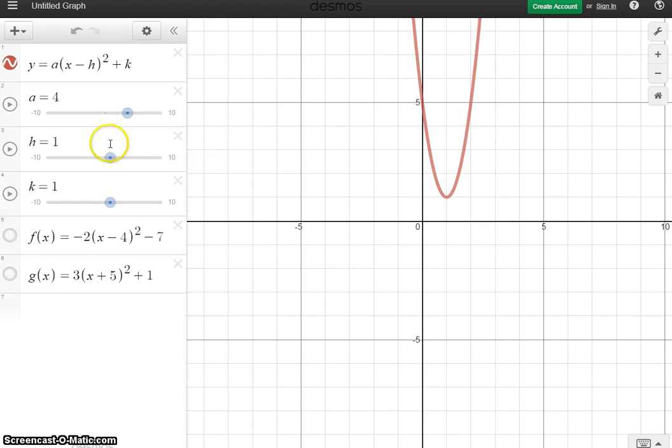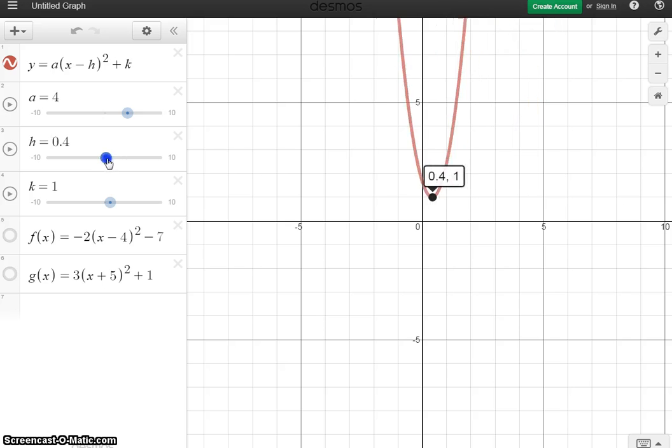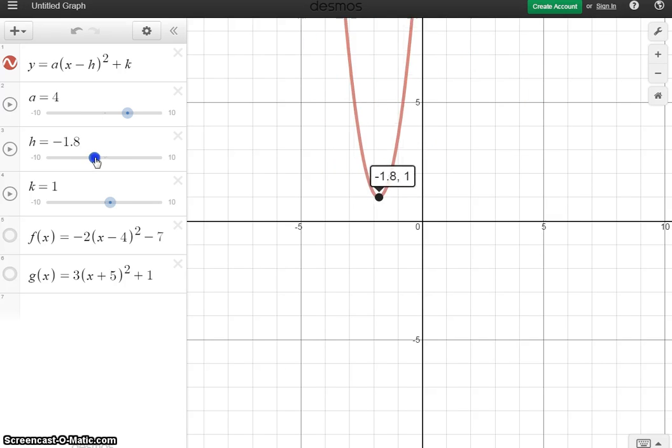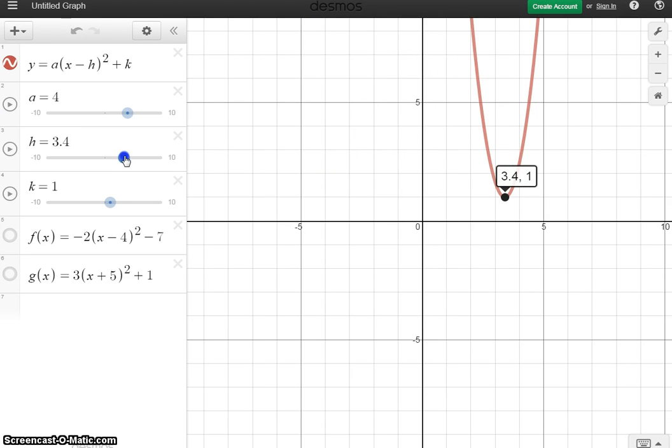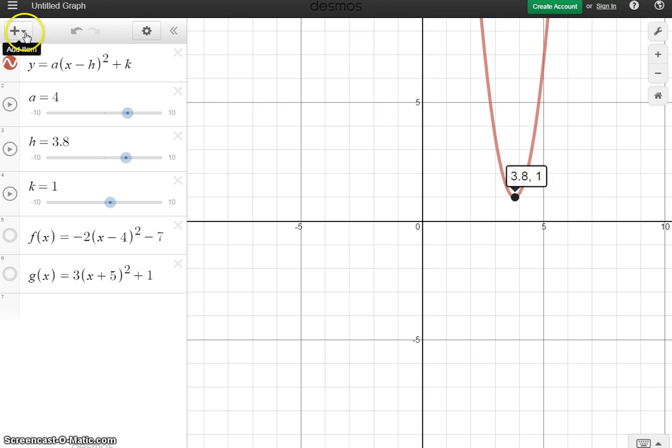Now more specifically, if you look at h and k, you see that right now the vertex of this parabola is (1, 1). See what happens when I move h. The x value of the vertex moves along with it. Whatever that h value is, it winds up matching the x value of the vertex, so it winds up being your axis of symmetry.